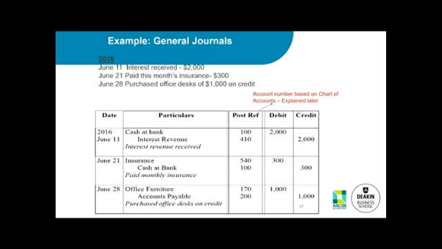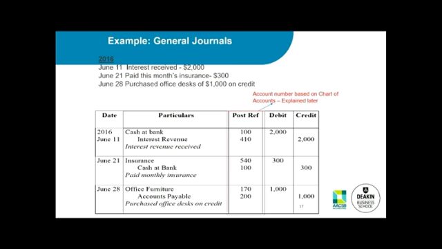All right, so let's look at some examples of general journals. The first one is the interest. On the 11th of June, we received interest amounting to $2,000. So the $2,000 is coming into our bank account, so it's going to increase our bank account, so that's going to be a debit.